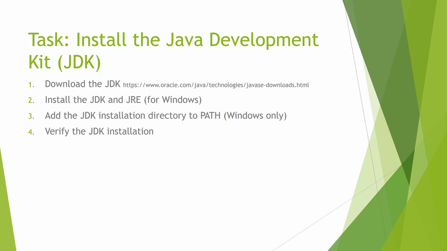To install the IntelliJ IDE or to run your Java code or your Kotlin code, you have to download the JDK. Just wait a few seconds while it installs for us. After the install is finished, we have to add the JDK installation directory to our Windows path.